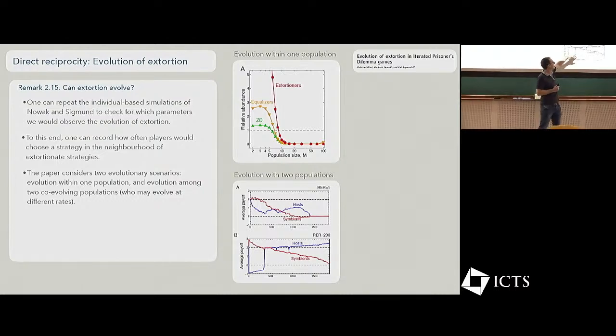So the host has a very low payoff. But then over time, the host learns to play an extortionate strategy. Once that happens, symbionts learn that the best thing they can do against their extortionate host is to cooperate all the time. So hosts again have a very high payoff. And then, as you see, hosts become more and more extortionate in these simulations.